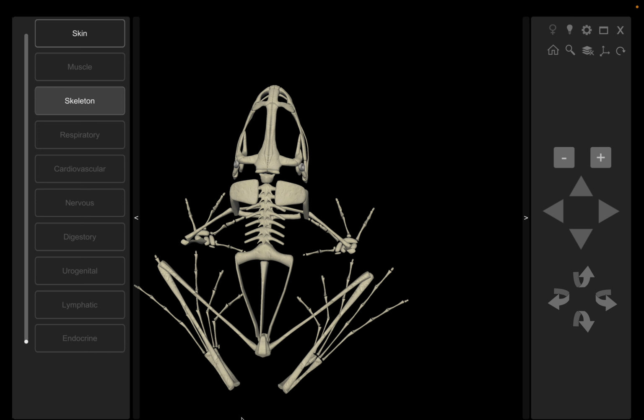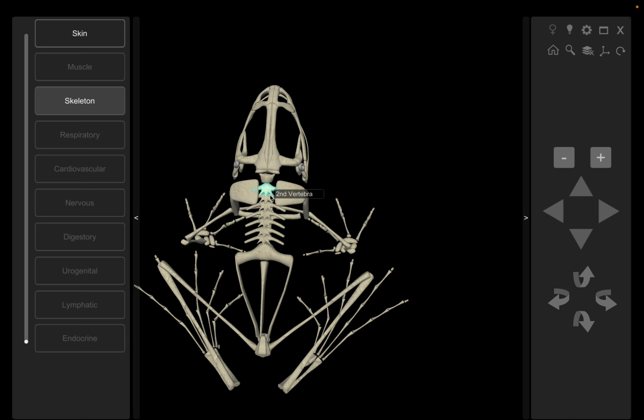So the backbone of the frog consists of 10 vertebrae. There's one atlas, which is the first vertebra. Then there are seven typical vertebrae: the second, third, fourth, fifth, sixth, seventh, and the eighth.